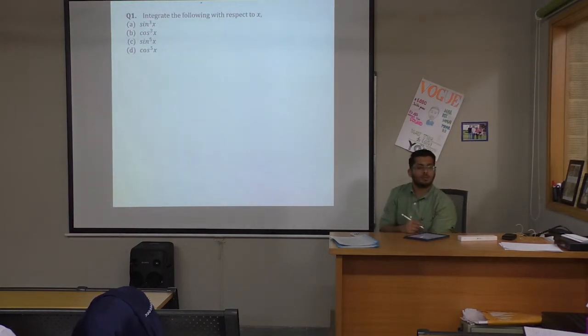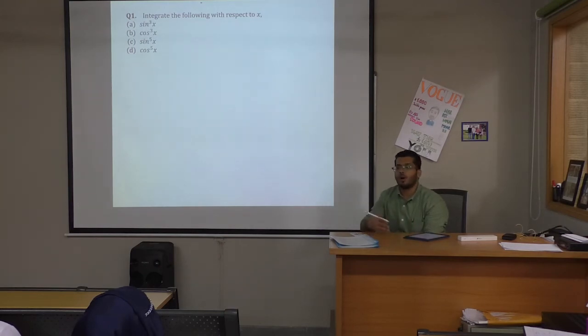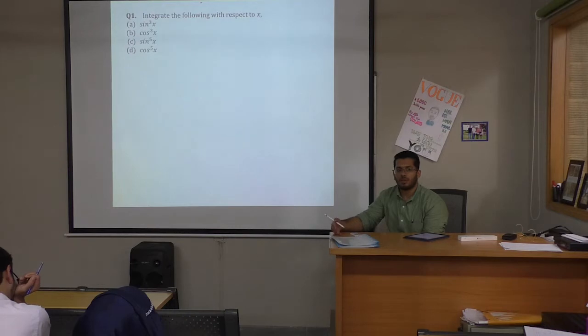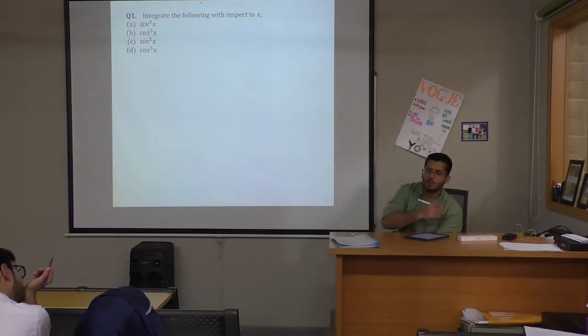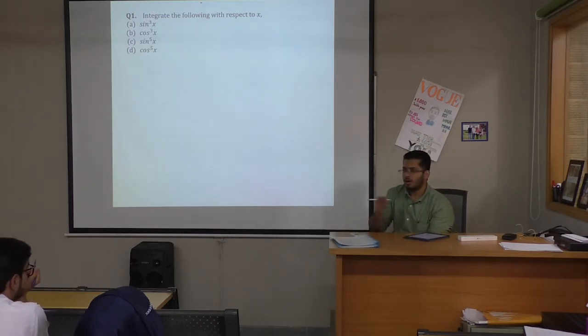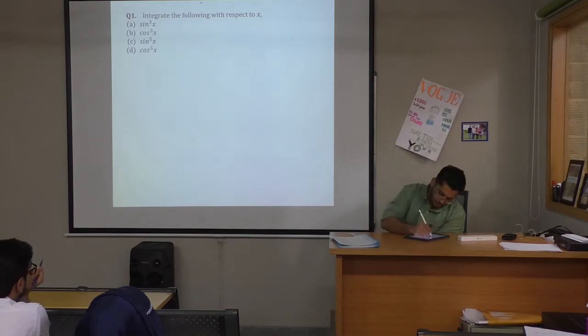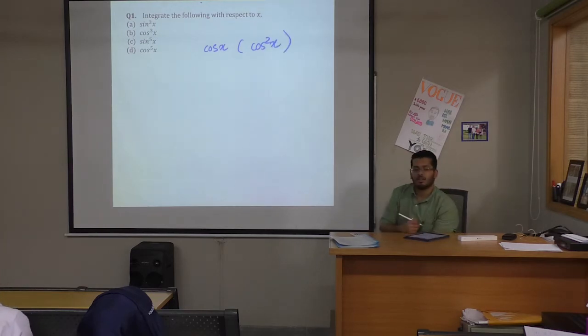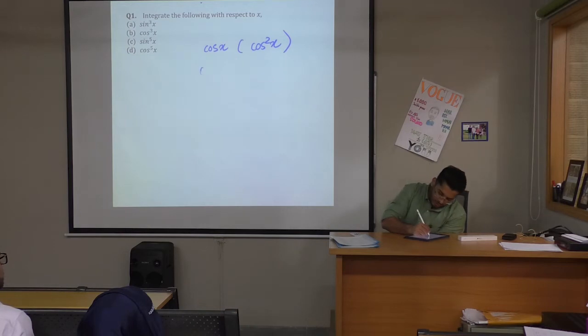The same procedure applies to cos as well. If it's a cos with an odd power, the same procedure applies. You separate out a cos x, and you are left with a cos square x inside. You replace the cos square x with 1 minus sin square x.